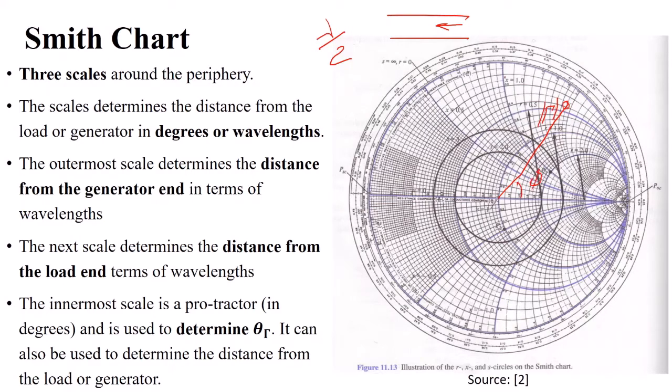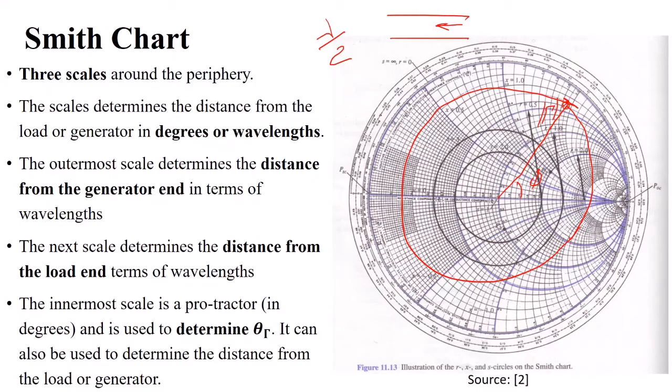Now, if you move lambda by 2, the phase will be repeated. What that means is that if you move from load to generator, you are moving in the clockwise direction, and after moving around the same constant magnitude circle, you will reach back to this point.